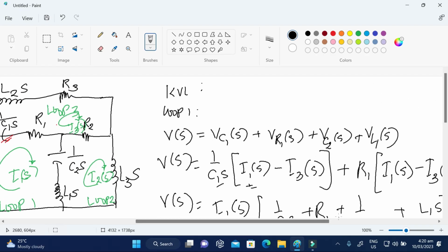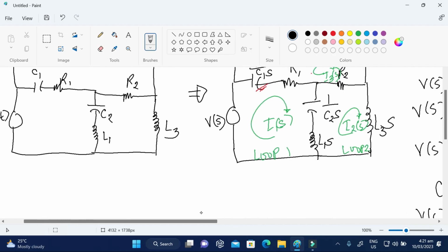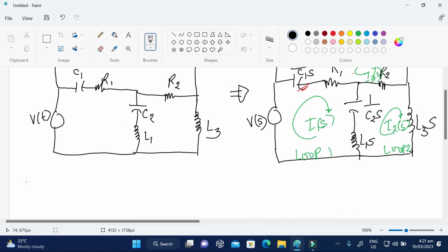Applying now Kirchhoff's voltage law on loop 2, we will be establishing the second equation.